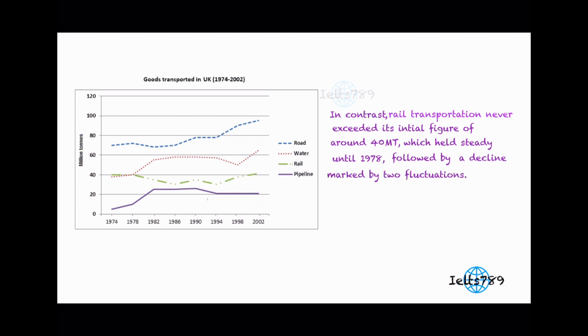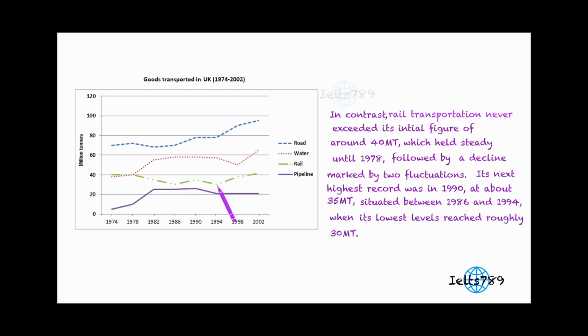Its next highest record was in 1990 at about 35 million tons, situated between 1986 and 1994, when its lowest levels reached roughly 30 million tons. By 2002, it reattained its starting number.